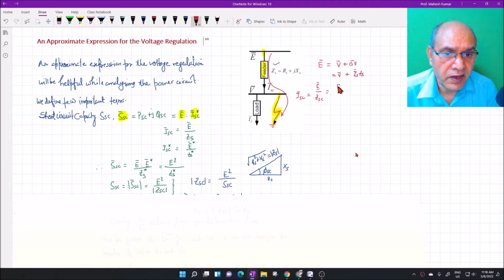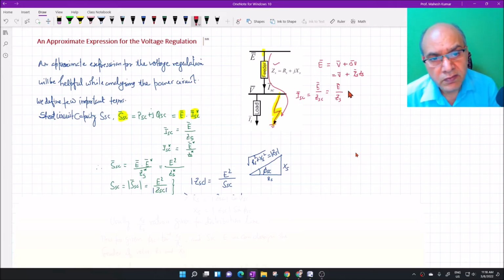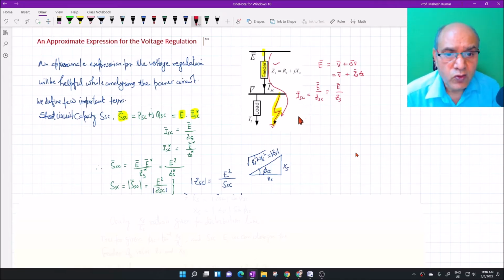So this will be E by ZS. So what is ISC conjugate? ISC conjugate will be nothing but the conjugate of the whole thing. So this is E conjugate by ZS conjugate.